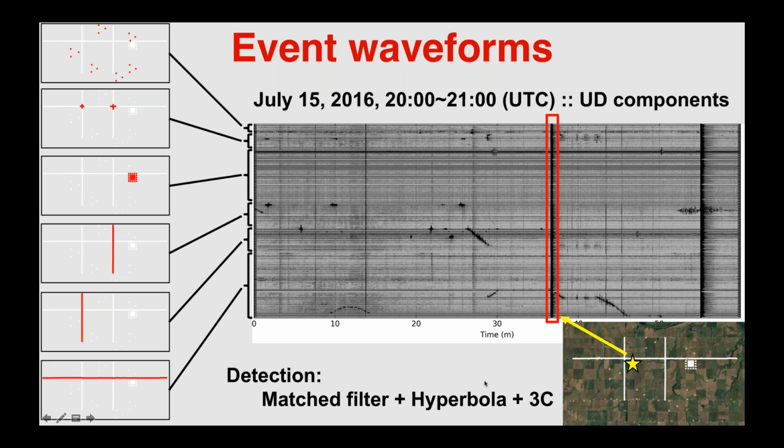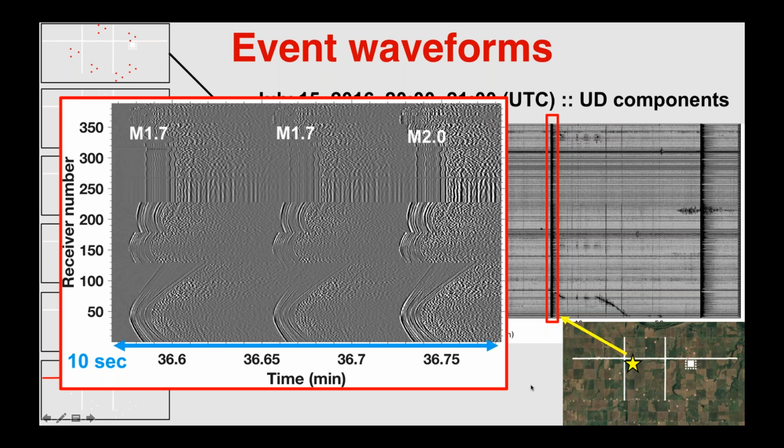I assume the waveforms are hyperbolas and calculate the hyperbolas to detect and also locate them, using the entire three-component data set. These waveforms are very interesting: within 10 seconds we have three small earthquakes, magnitude about 2, and the locations are almost the same, and the waveforms are very similar to each other.